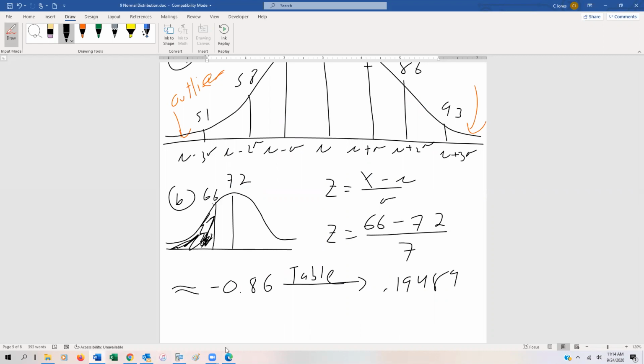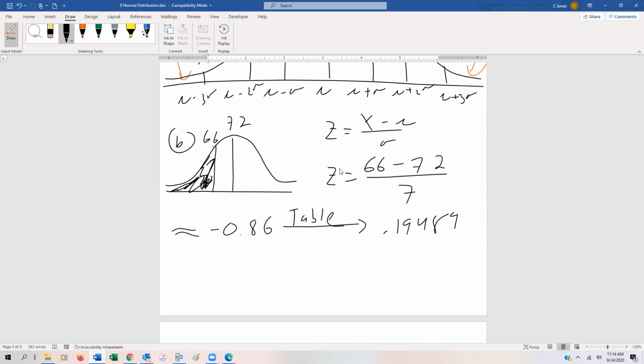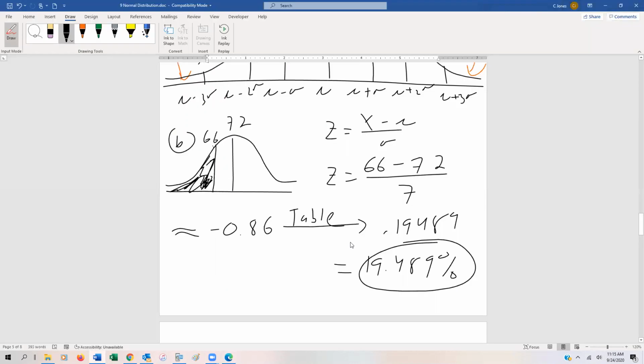And just to be specific, the question does say what percent of the class, so that's going to be equal to 19.489%. So again, we just use our z table, and that's going to help us figure out what the probability or the percent is.